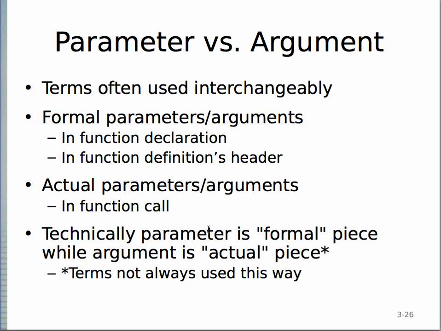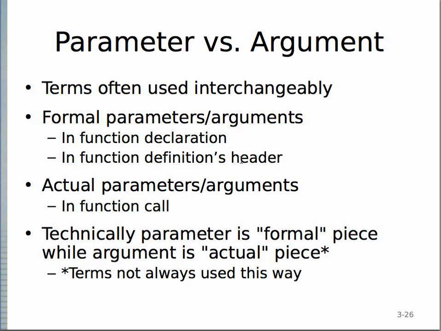Okay, so now let's take a look at what exactly is a parameter versus an argument. The whole problem is that these terms are very often used interchangeably. That is, people say parameter when they really mean to say argument, and people say argument when they really mean to say parameter. So parameters are what you have inside a function declaration or inside the definition in the header.